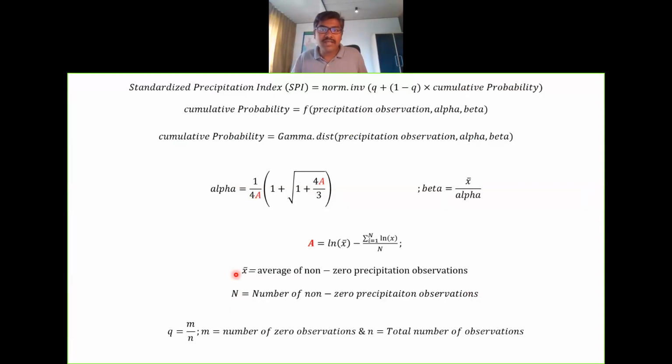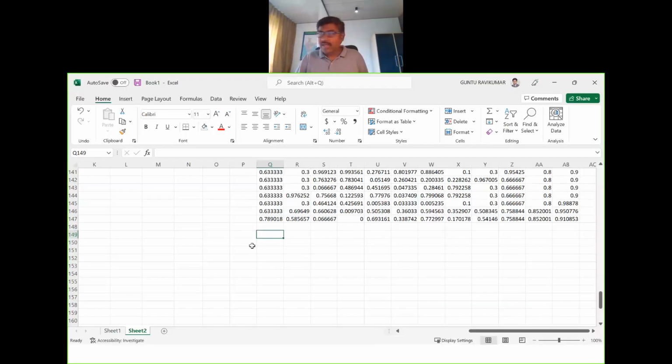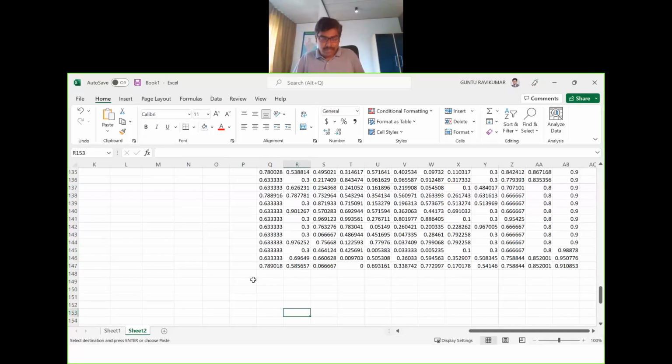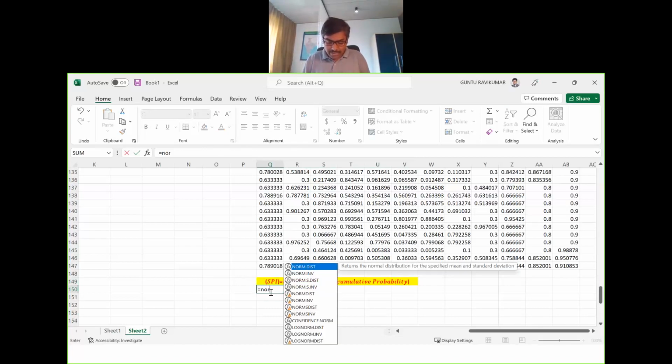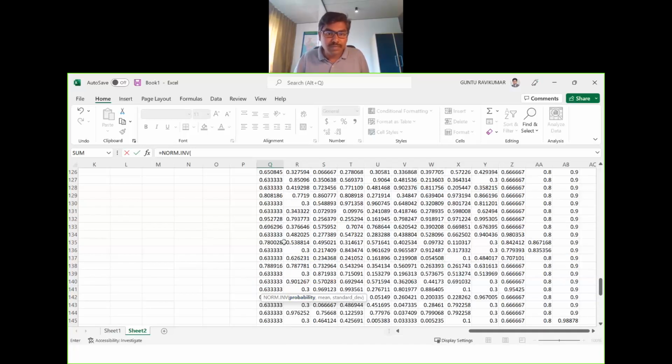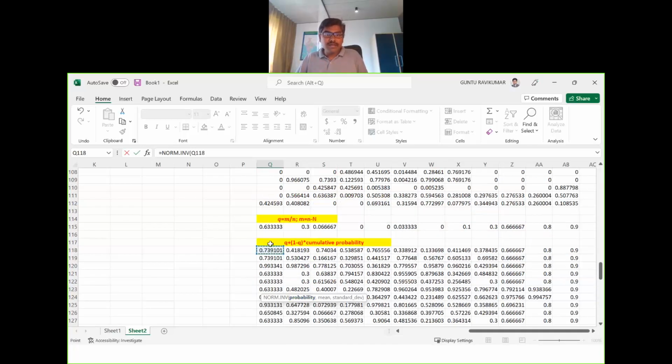Now, what we need to achieve the final task is to apply norm dot inverse of this, and then we'll get the SPI. So we are providing here SPI, which is equal to norm dot INV, normal inverse of this probability, comma 0, mean 0 with 1 standard deviation.